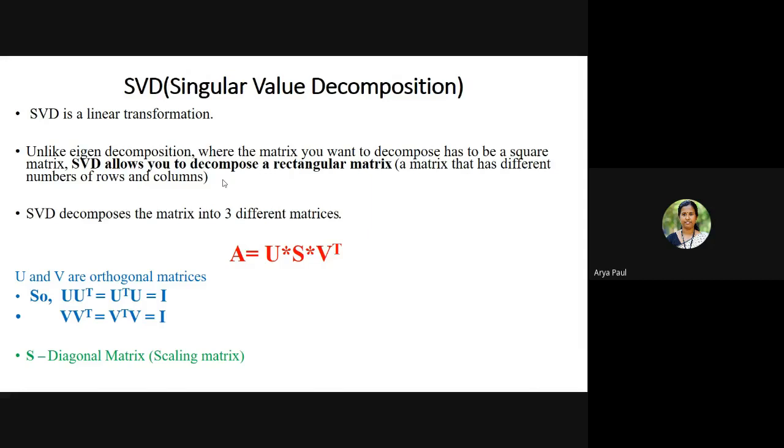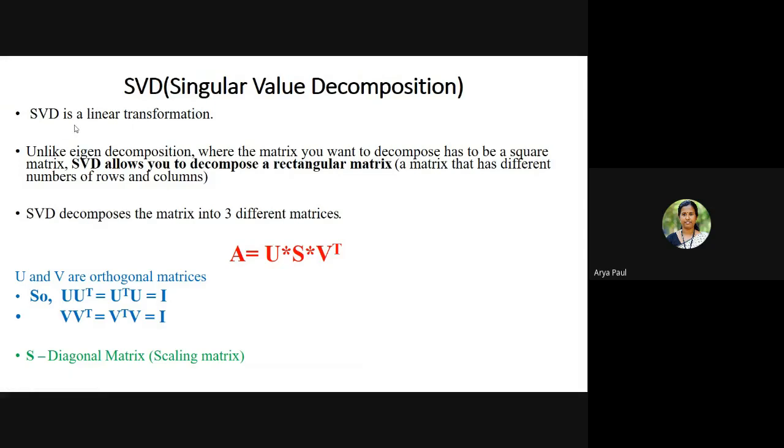So transformation is a combination of rotation and scaling. That means we are mapping to a new space. SVD is mainly used for dimensionality reduction, which we will come to later. First of all, please understand that SVD is a linear transformation.